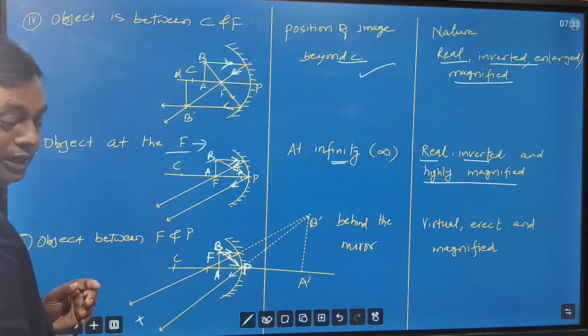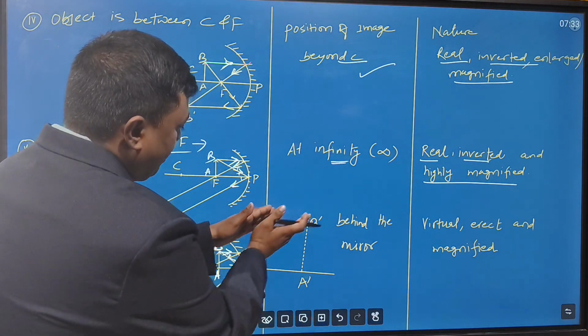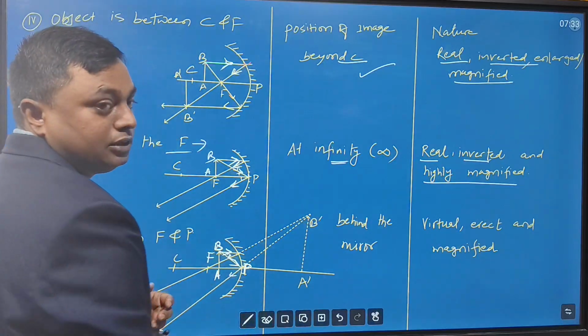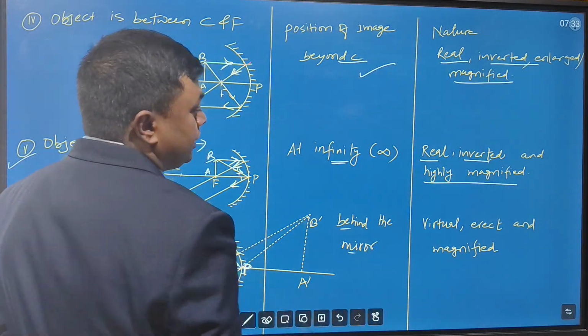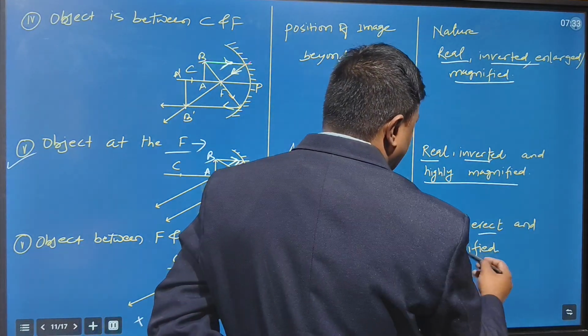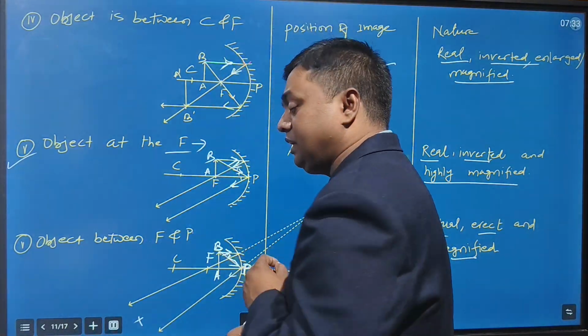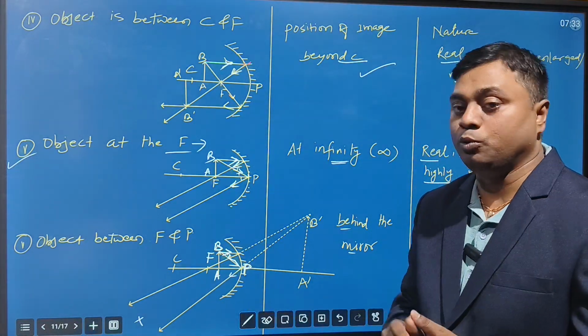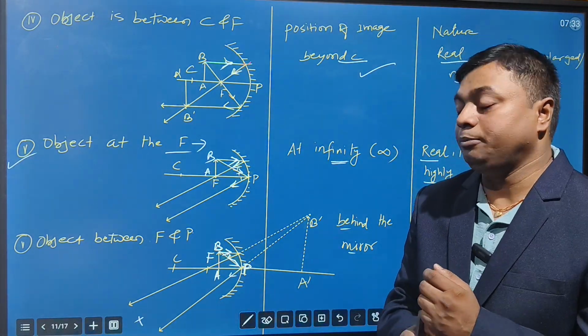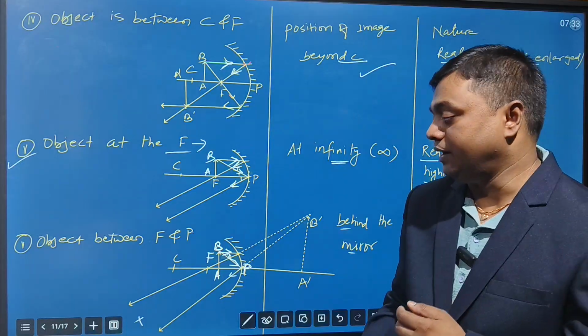They cannot meet this side. If you produce them backward, they will appear to meet behind the mirror. So image A dash B dash is formed behind the mirror. It is virtual, erect, and magnified. In this case only, the image is virtual and erect, when the object is between focus and the pole. In all the remaining cases, the image is real and inverted.